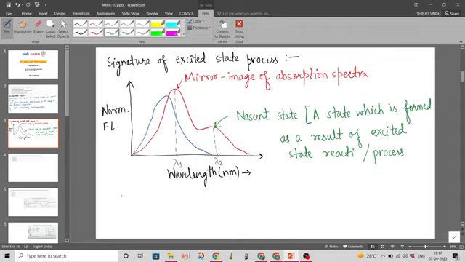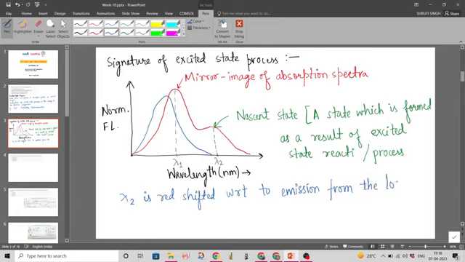So lambda 2 is red shifted with respect to emission from the locally excited state.